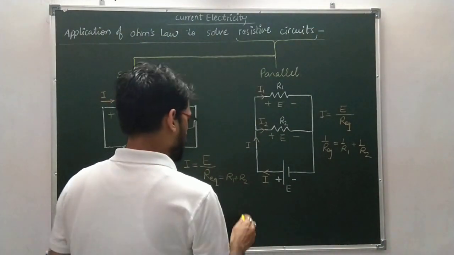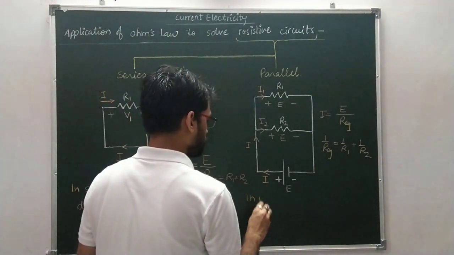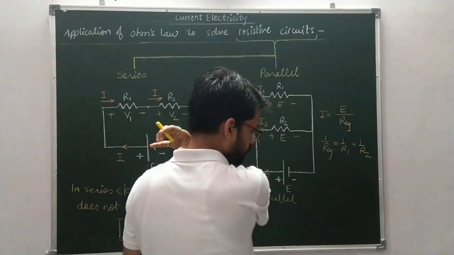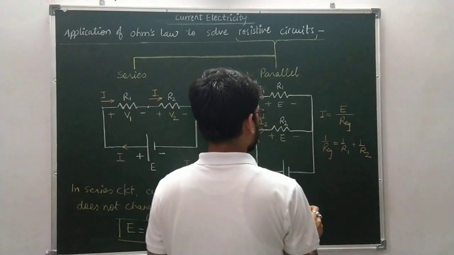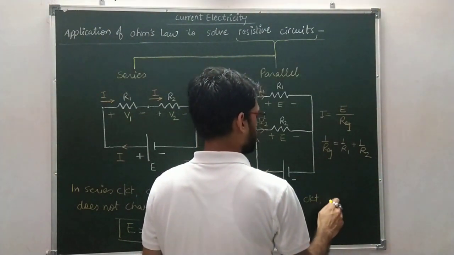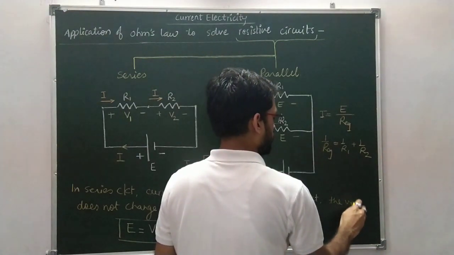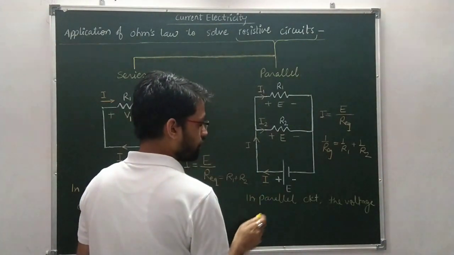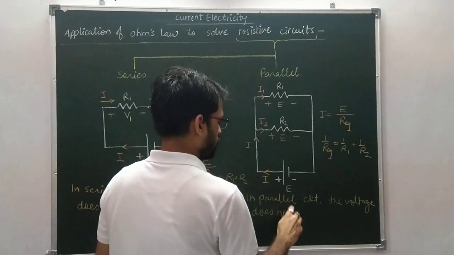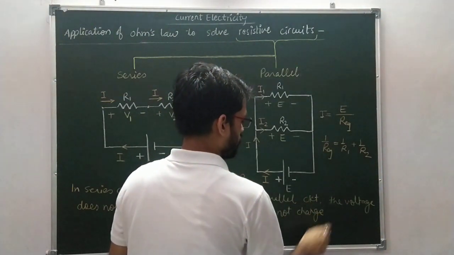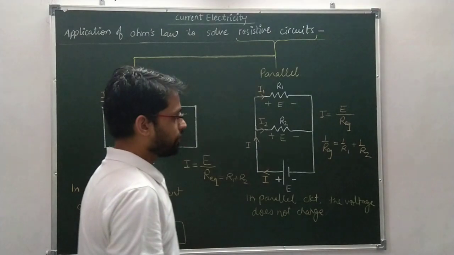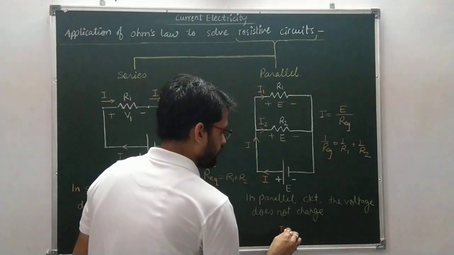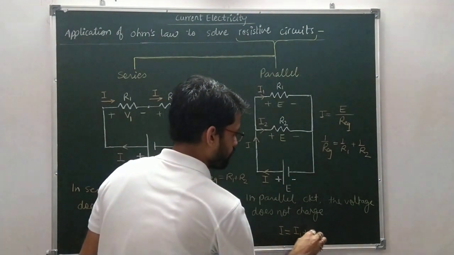So we can write, in a parallel circuit, the voltage does not change, but the current is divided, and the division of current is given by the rule I is equals to I1 plus I2.